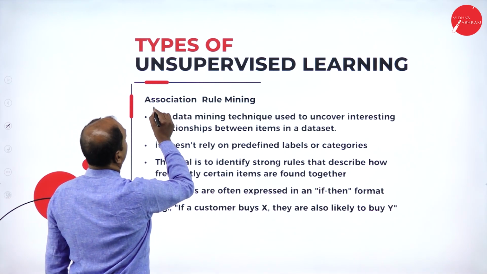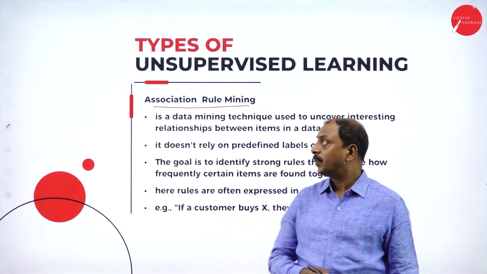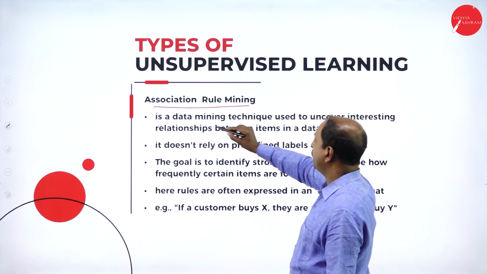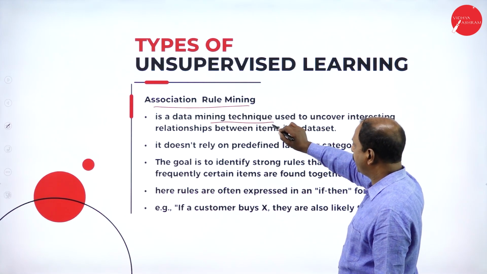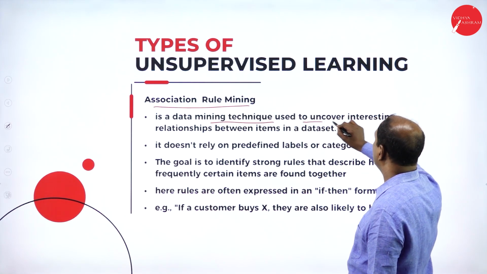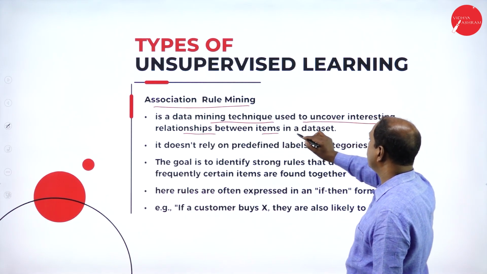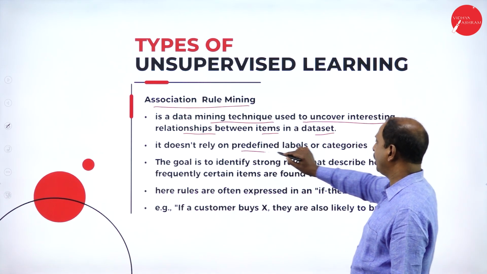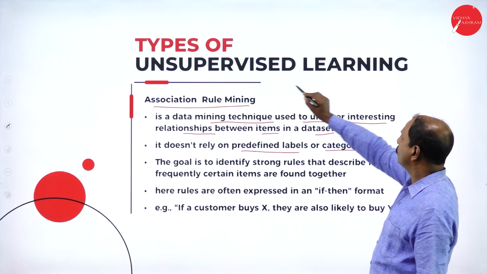The next one is association rule mining. This is one of the types of unsupervised learning. So what is the meaning here? It is a data mining technique used to uncover interesting relationships between the items in a data set. It doesn't rely on predefined labels or categories, so this is generally unsupervised learning.